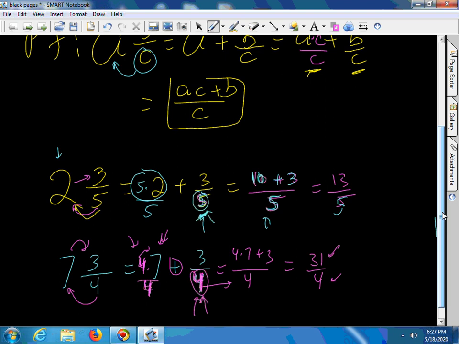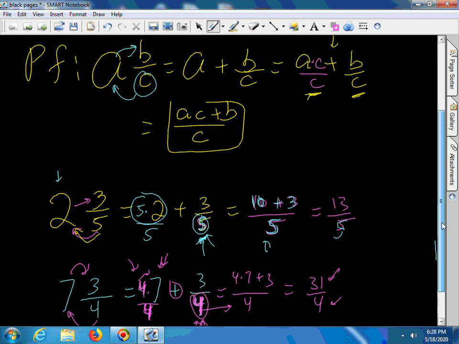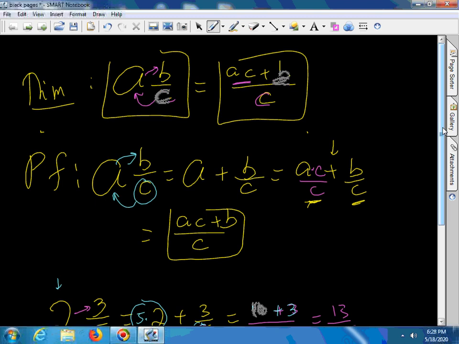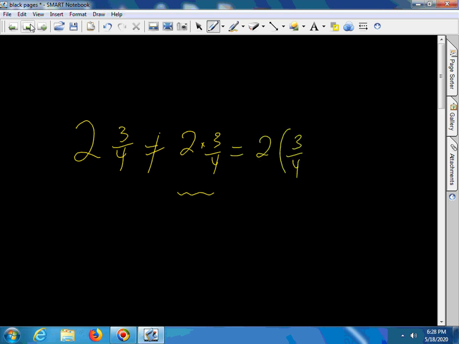The rule works. And we proved it in general. We proved it for an arbitrary mixed number. Now, one last thing. When you have 2 and 3/4, this is not 2 times 3/4. You can write 2 times 3/4 the way I just did there, or you can say 2 times 3/4.